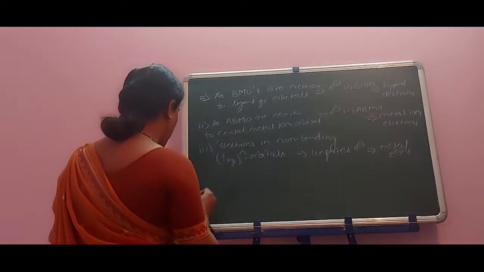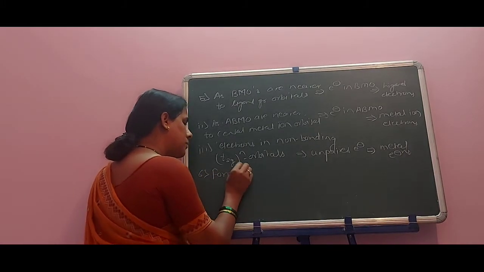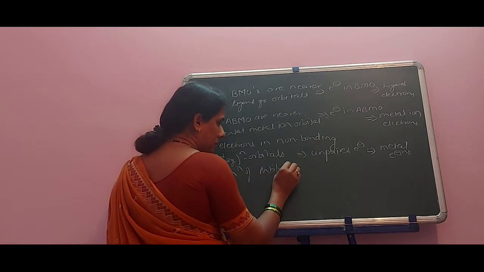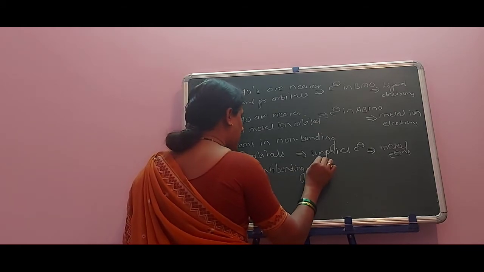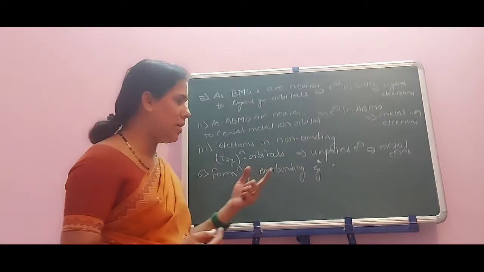Now, the sixth point, formation of antibonding eg star. How is it formed?